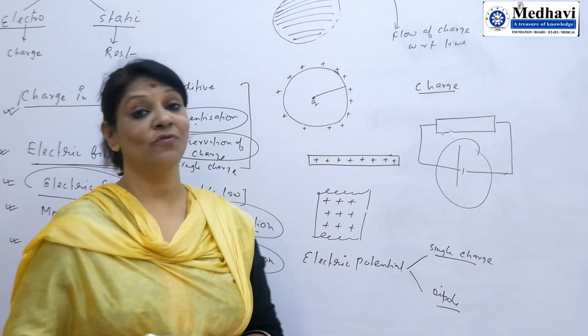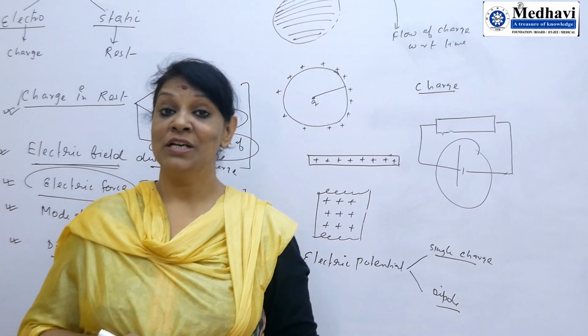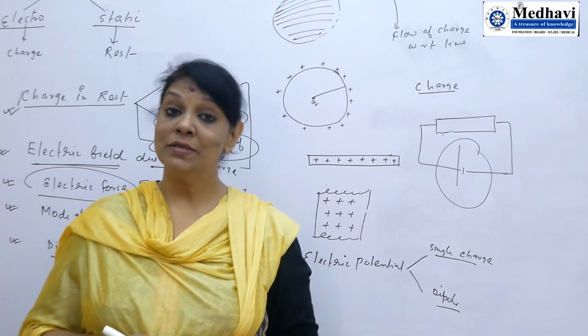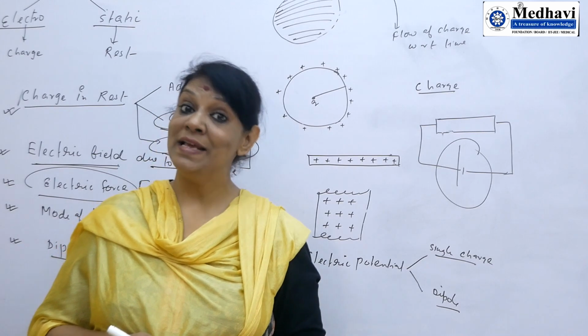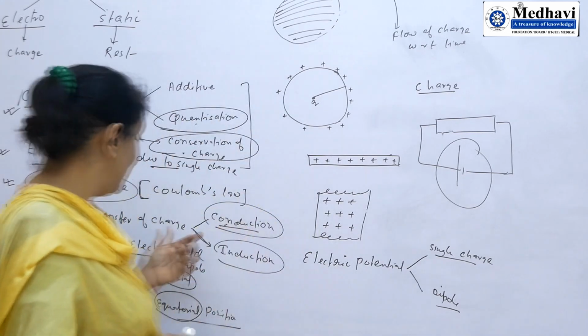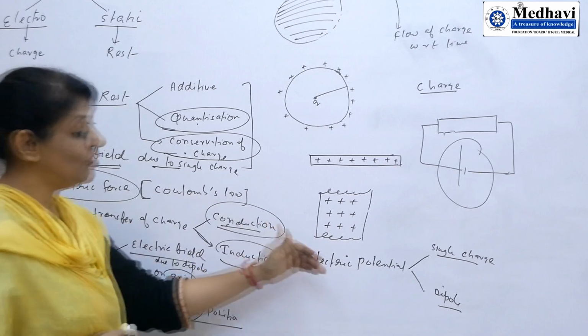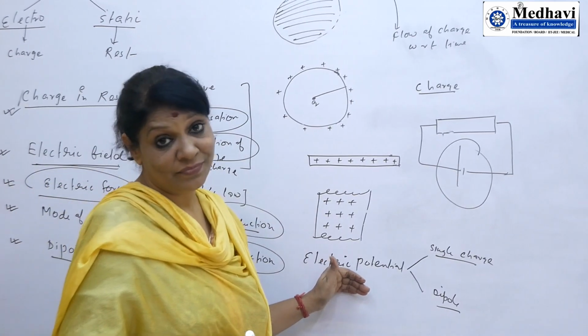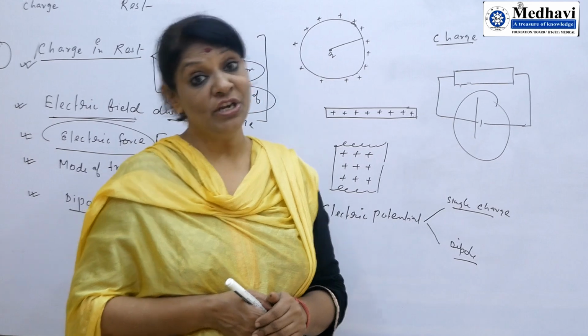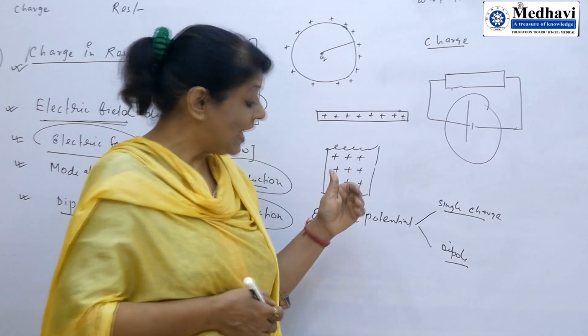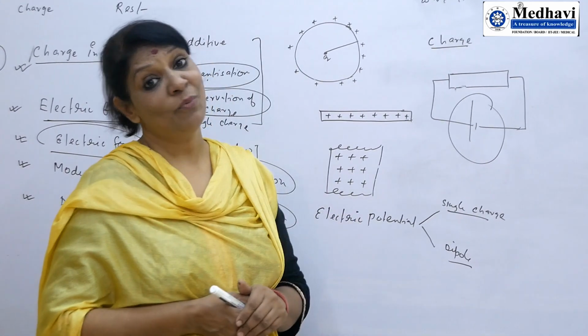Due to this electromotive force, positive and negative charges will move in opposite directions, creating a potential difference. Mind it, we have already studied what electric potential is. It is work: when we bring a charge from one point to another, we need to do some work, and that work is stored in the form of potential.